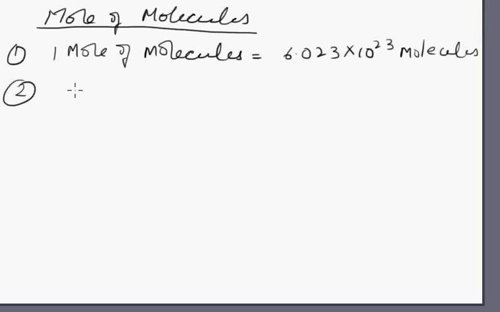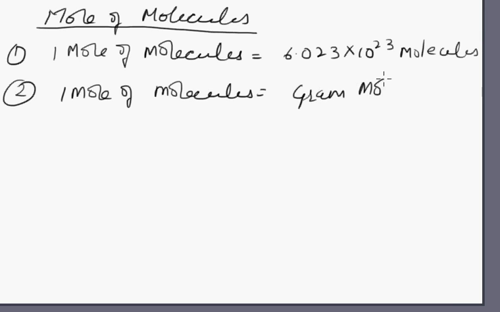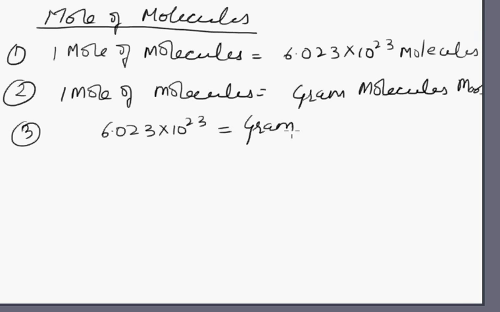Second equation: 1 mole of molecule is the gram molecular mass. Third, from these two we have derived: 6.023 into 10 to the power 23 molecules is equal to the gram molecular mass.